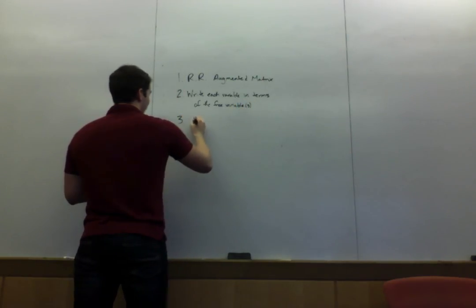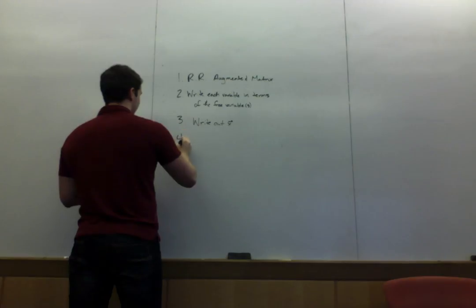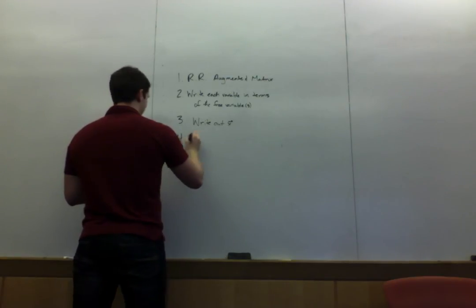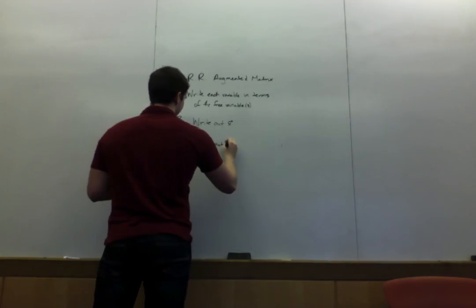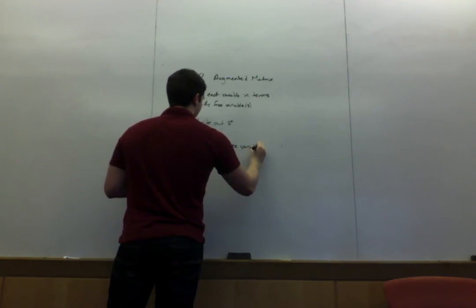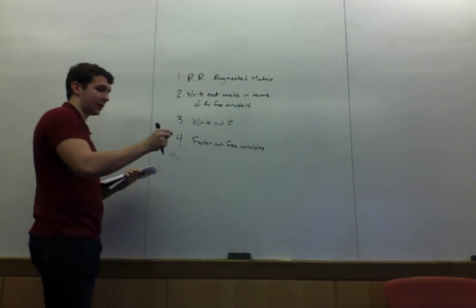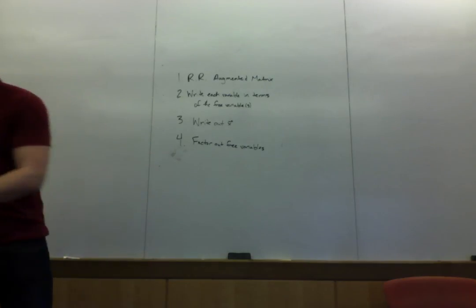Then we're going to write out our x vector explicitly. And finally, we're going to factor out the free variables, such that we just get a vector scaled by the free variable, which is, of course, our choice.